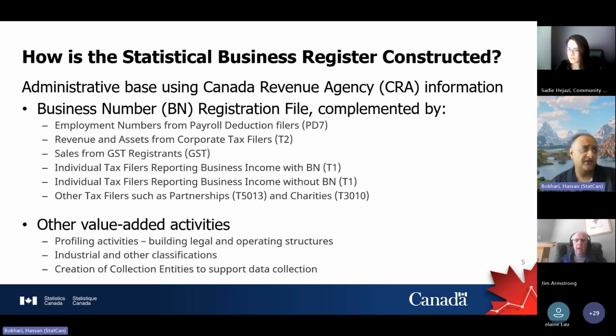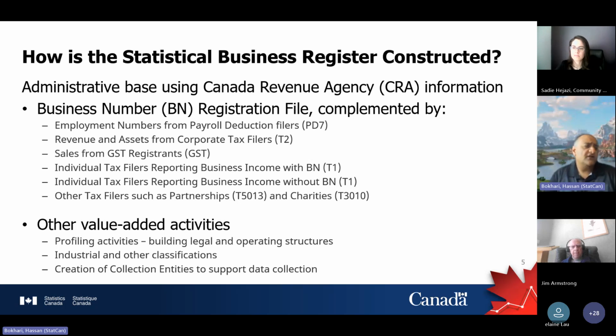So one of the primary key identifiers in this register is the business number registration file, complemented by the PD7, employment numbers from payroll deduction filers, revenue and assets from the corporate tax filers, the T2, sales from GST registrants, so GST, and individual tax filers reporting business income with the BN on the T1, individual tax filers reporting income without the BN on the T1, and other tax filers such as partnerships and charities.